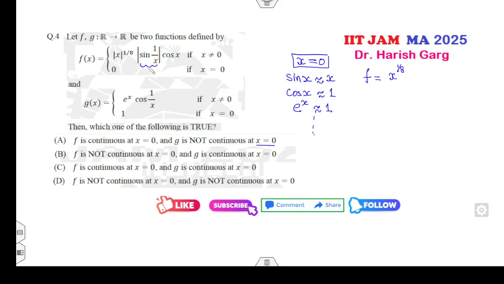You can't change this 1 by x, because whenever x approaches 0, 1 over x goes to infinity. But here x should be small, not 0, so this will remain as it is. Cos of 0 is 1 and g will be e raised to power x, approximately 1, cos 1 over x.